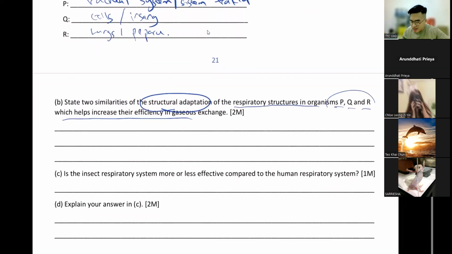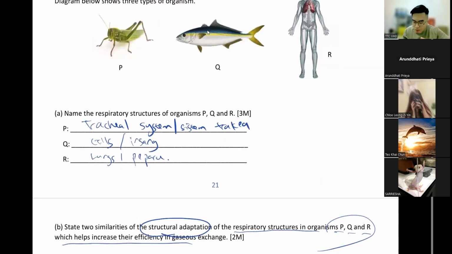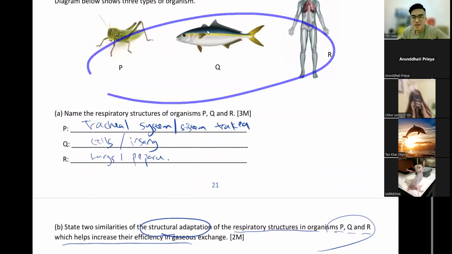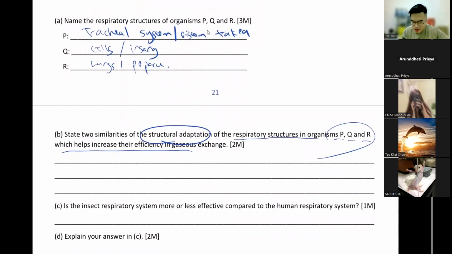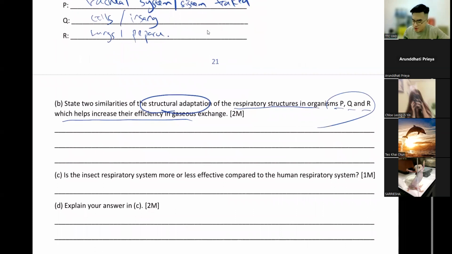All right, so what do you think is the common for these three? Okay, luas permukaan, I accept. Large surface area. What else? Yes, thin, I accept. Nipis.